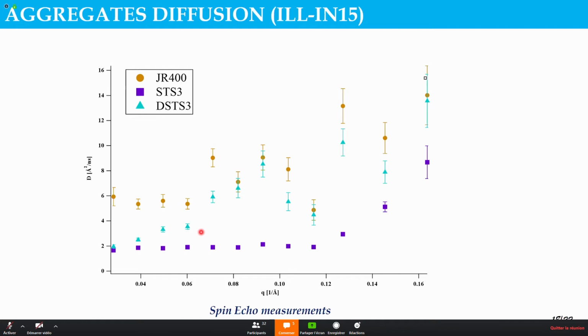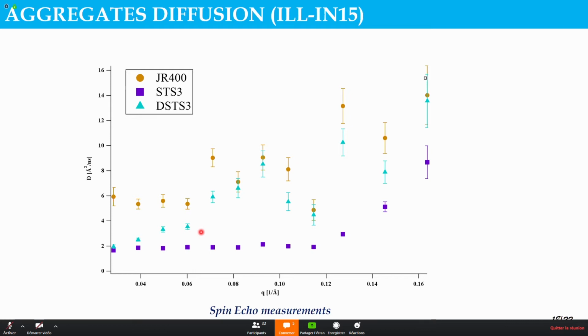Now, of course, the question is whether this polyelectrolyte inside the aggregates is free to move or is kind of fixed. But to tell this, we should analyze this data. For now, we just saw that the information from the first part of the analysis, related to the radius and the length of the aggregates, perfectly agrees with the result that we got from SANS data.